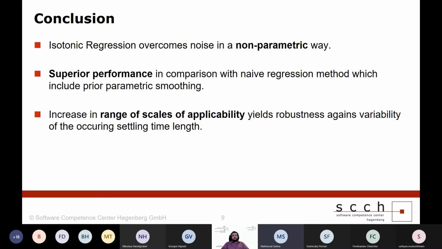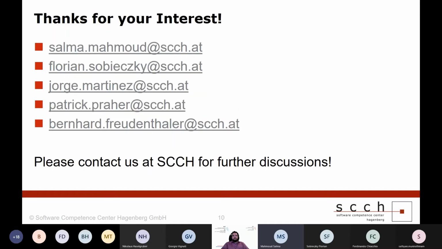Although isotonic regression was not so robust in some cases, as we showed earlier, when we have typical anomalies in the upward direction, it benefits us that it is non-parametric, so it can be applied on a different range of scales. And yeah, that's it from my side. Thank you for your interest.